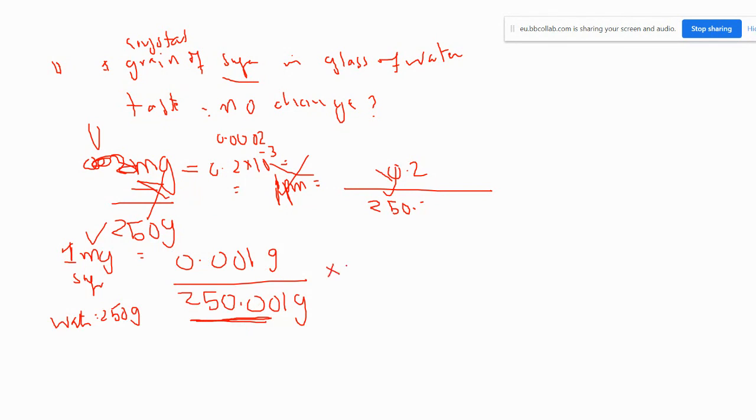Multiply by 10 to the power 6 if you want ppm. It would be 0.399, so 0.39 repeated. We will say 0.4 ppm. If we didn't add 0.001 to the solution, it would be 0.4.